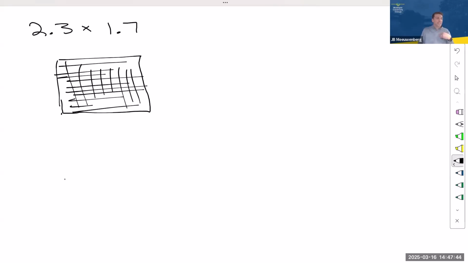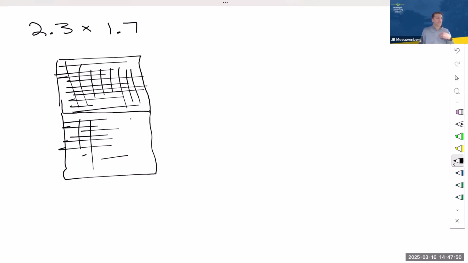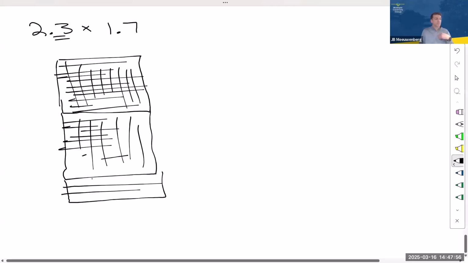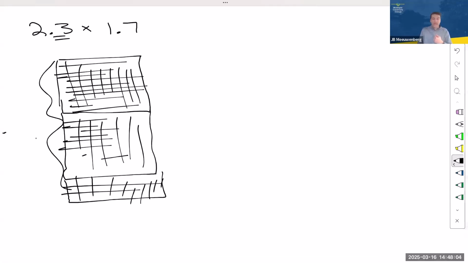We can stack two of these on top of themselves to be the 2. Again, this is just a very rough sketch, you can see. And then we go 0.3, so we would go 3 more tenths this way. Okay. And then 1.7. So this is the 2.3 on this edge. I'm going to make a nice, neat one, I promise you. And then we go 1.7 across the top.